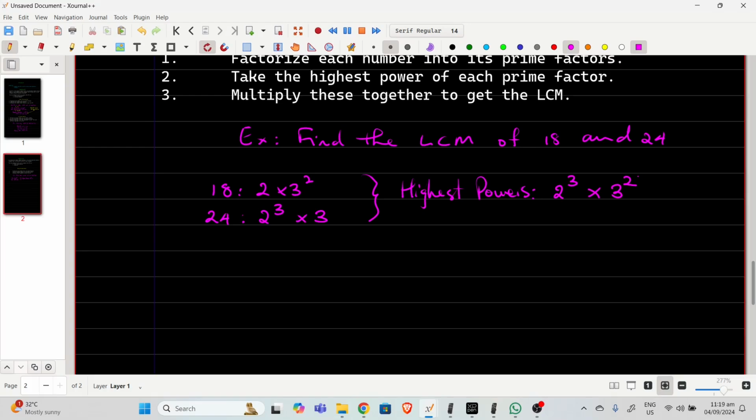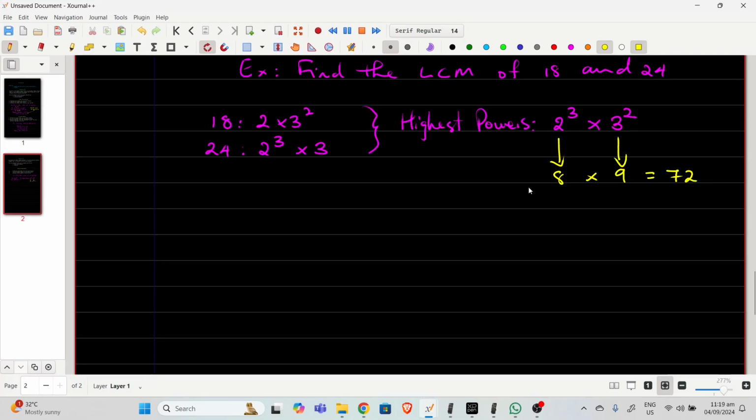And I just simply multiply those two and I'd be able to get the answer. 2 twos are 4, 2 fours are 8, so 2 to the third power is 8. And then 3 threes are 9, so 3 to the second power is 9. And then 9 times 8 is 72. And that's it. The LCM of 18 and 24 is 72.